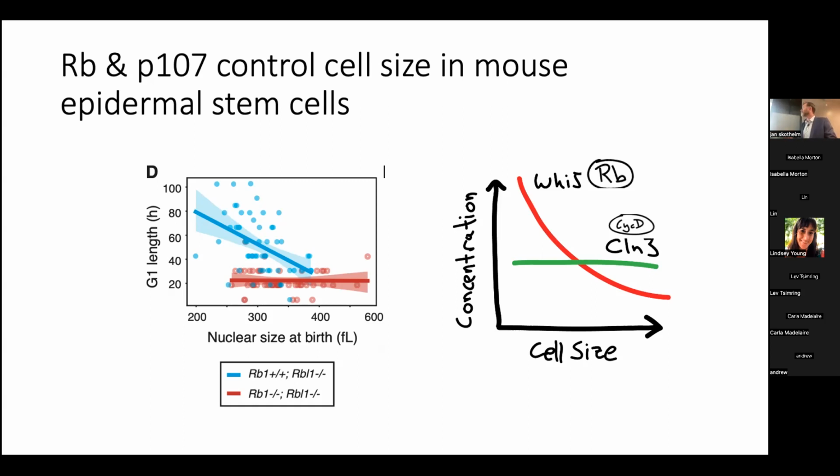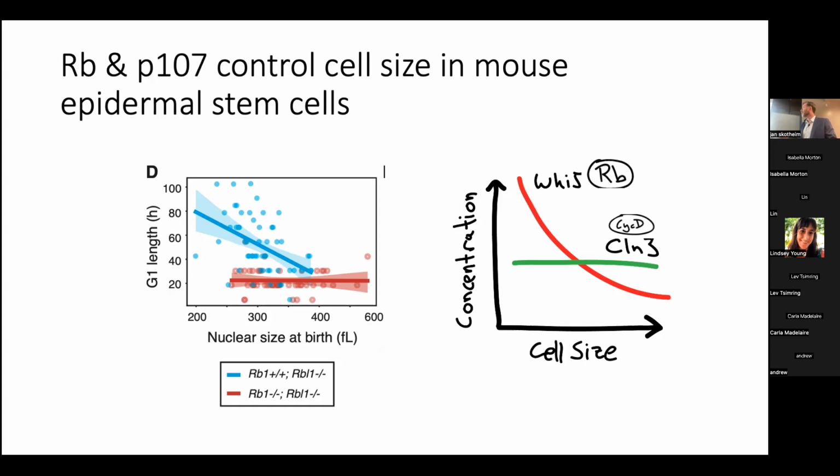And so what we're doing here is we're starting with a P107 minus background. So we've deleted P107. And then within that, we have this conditional flox allele of RB. So we can add tamoxifen, and then that will flip out this RB, and you generate an RB null animal.